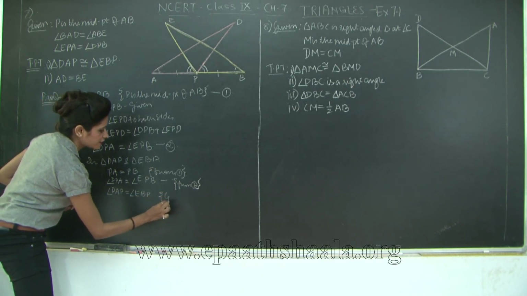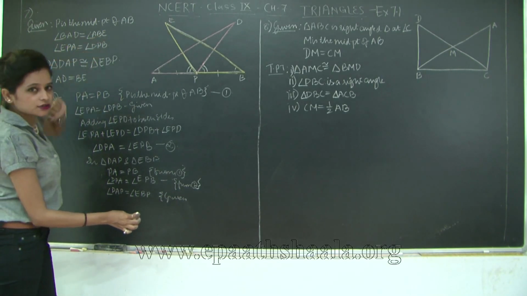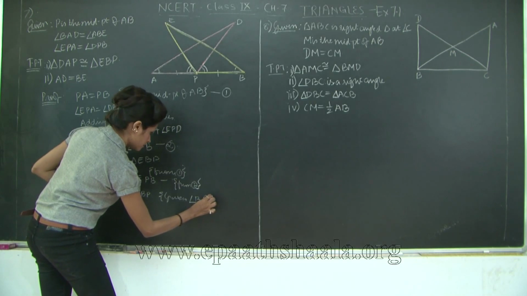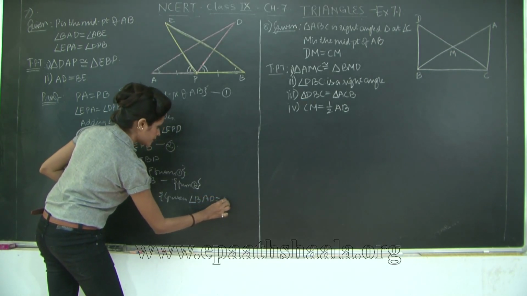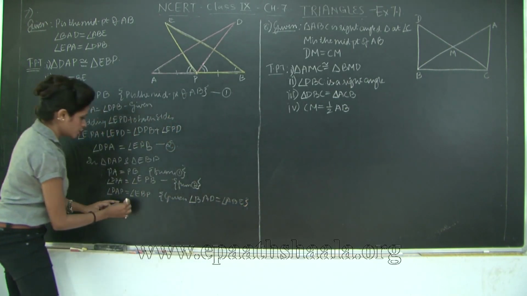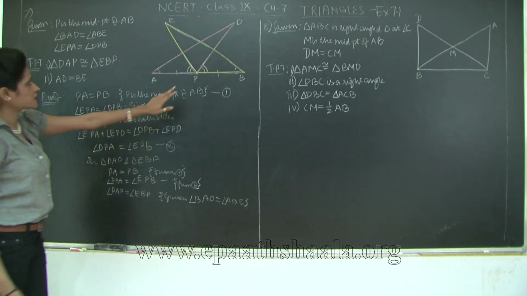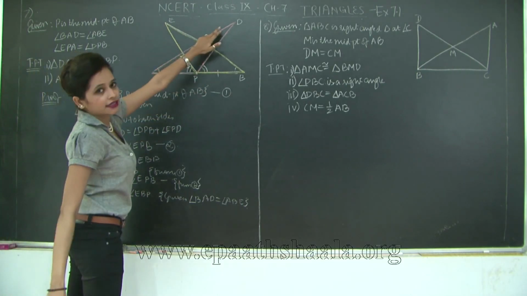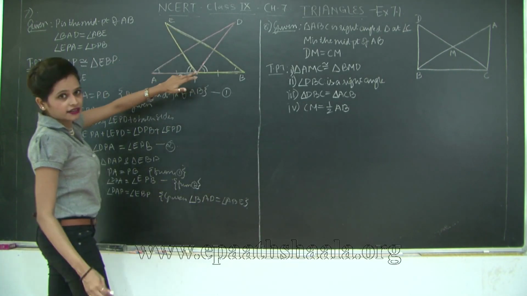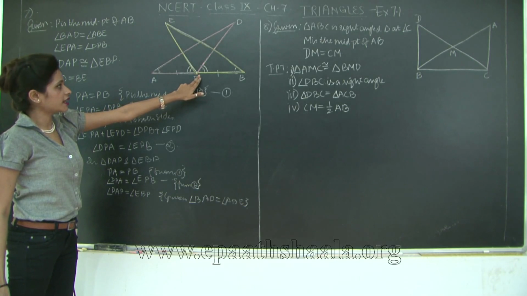Why? Because I have been given that here BAD is equal to ABE. But you don't see BAD and ABE over here. So let's just take BAD first. Now BAD can be written as PAD or DAP, correct? Because they are the same angle over here. It's just that P is lying on the line segment AB.